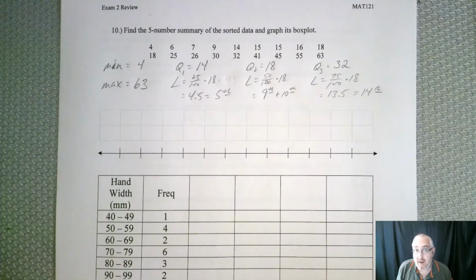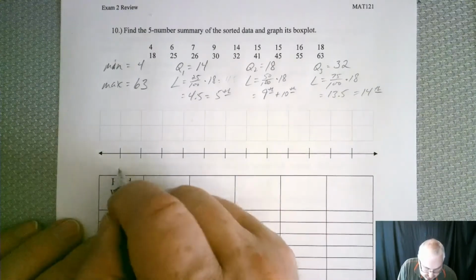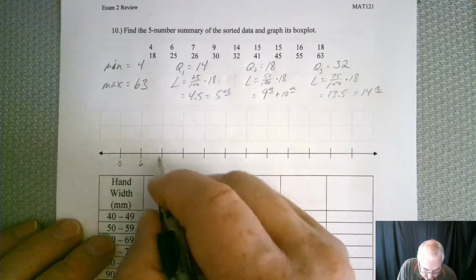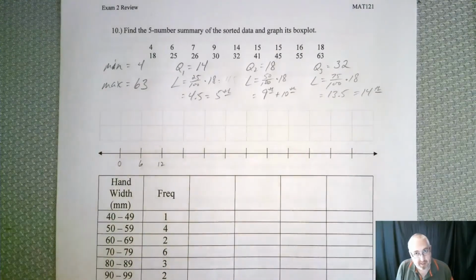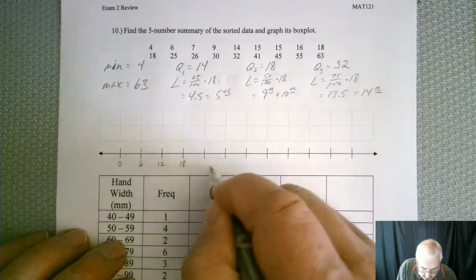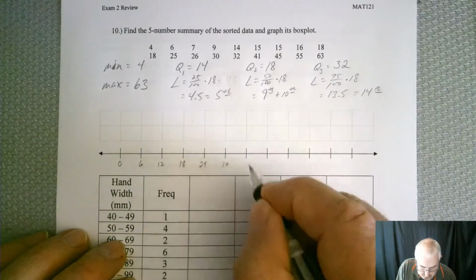So if we go by 5s, maybe by 6s, just to make sure we have enough. So let's start at 0, and we'll go by 6s. Now, like I said, you can go by 5s, but you might be a little bit scrunched on the edges. So it doesn't hurt to be a little bit big, but you don't want to get too crazy big.